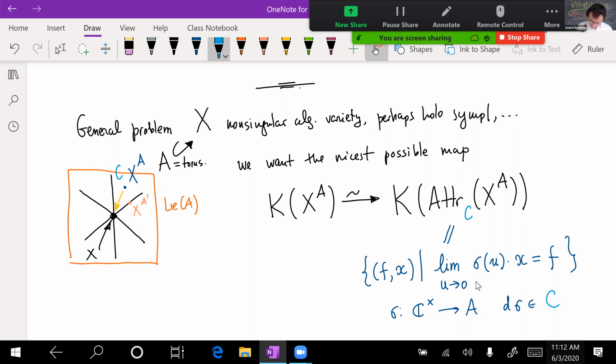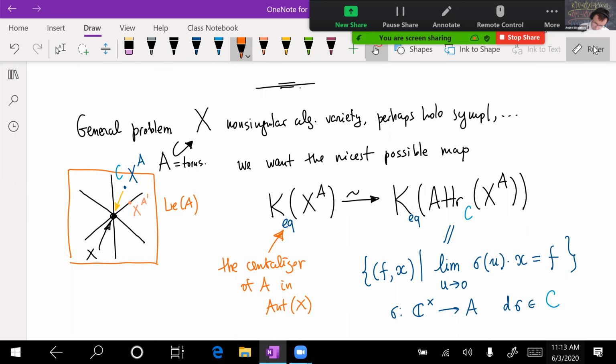Abstractly, we'll see that this set is isomorphic to the fixed locus. In particular, we would like the isomorphism to be equivariant with respect to the centralizer of A in automorphisms of X. This is to regain as much equivariance as we want.